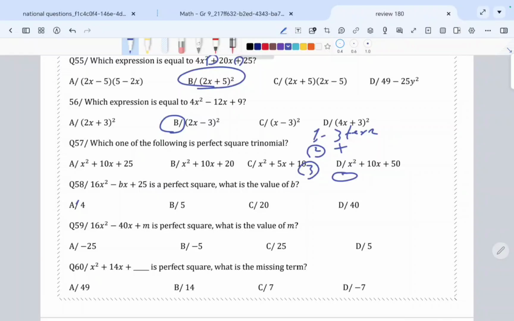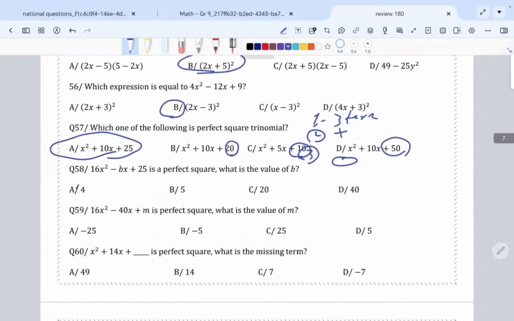This one is a perfect square trinomial. Why not? Which one is a perfect square trinomial? 20 is not a perfect square. Even 10 is not a perfect square. So even 50 is not a perfect square. Only this one is a perfect square trinomial. It consists of 3 terms. The first one and the last one are positive. And 25 is a perfect square.